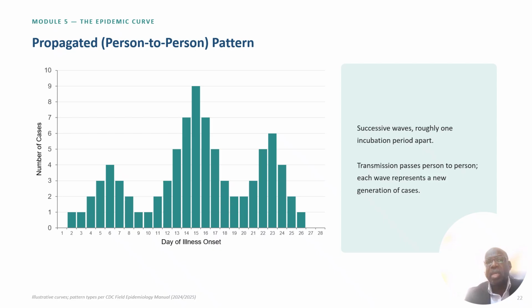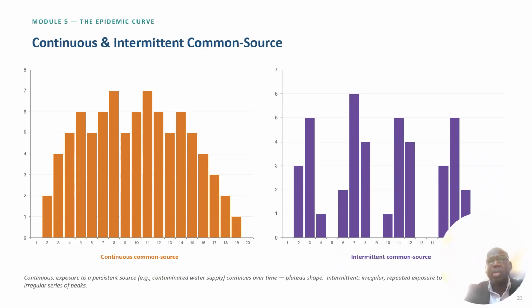This is exactly what appears here, because now we have three peaks, and each peak has a relation to the previous peaks because the transmission goes from one group to the other groups.